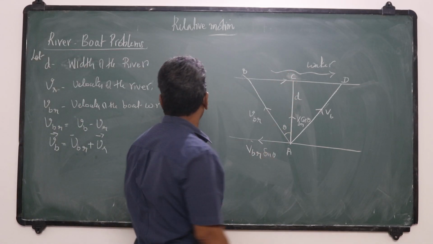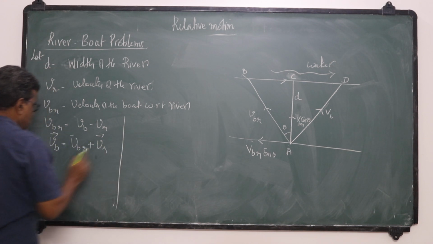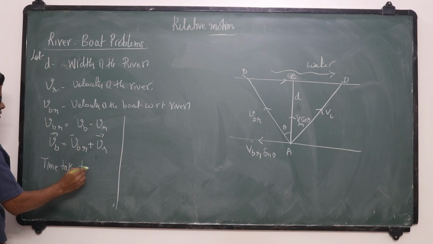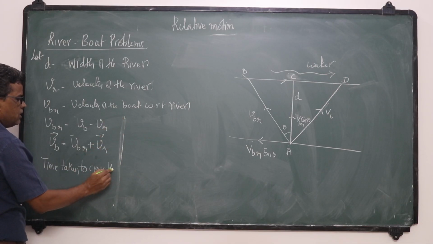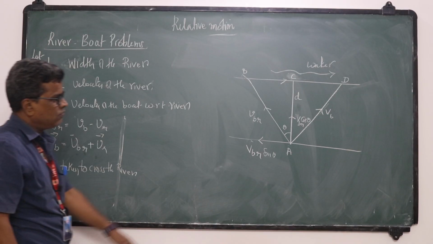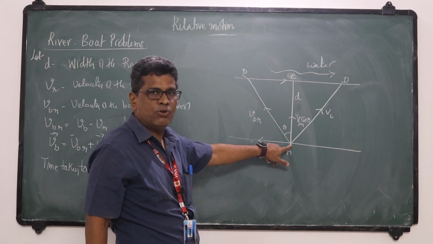So, the time taken to cross the river is, time is equal to time taken to cross the river. A person wants to cross the river with the help of a boat.